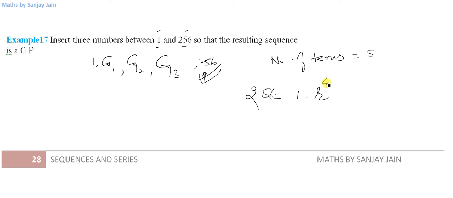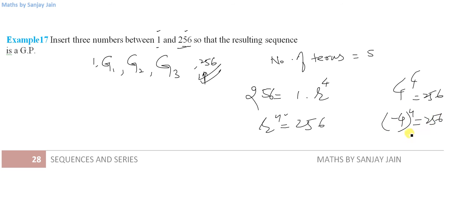Because r raised to power 4 has to give me something. So this is 256, this was my mistake. Okay, r raised to power 4 is 256. That means now we know that 4 raised to power 4 is 256, but this is an even power. So what I mean to say is minus 4 raised to power 4 is also 256. So r will be plus minus 4.